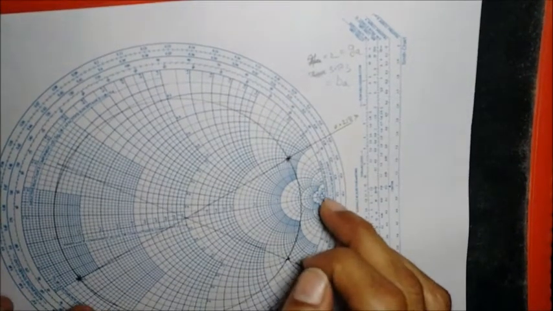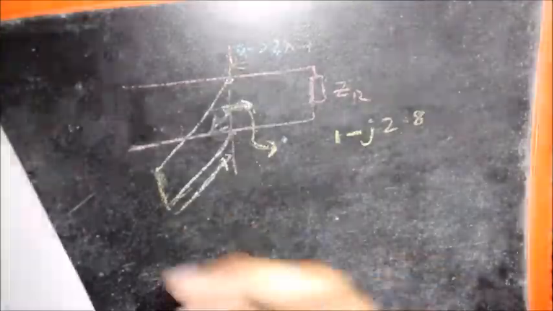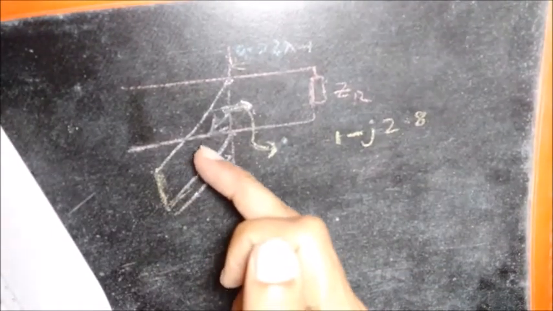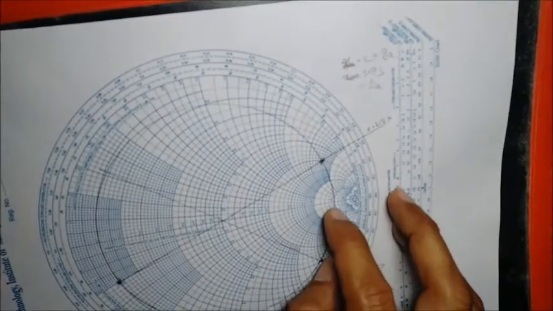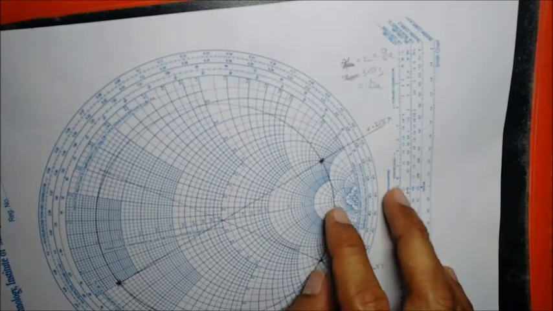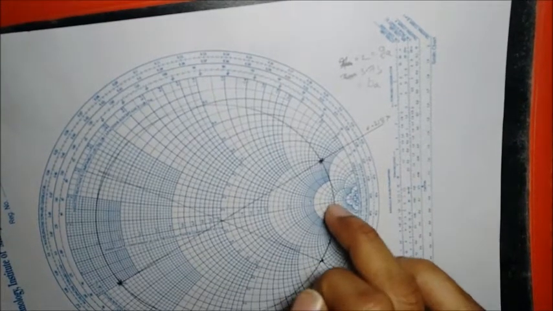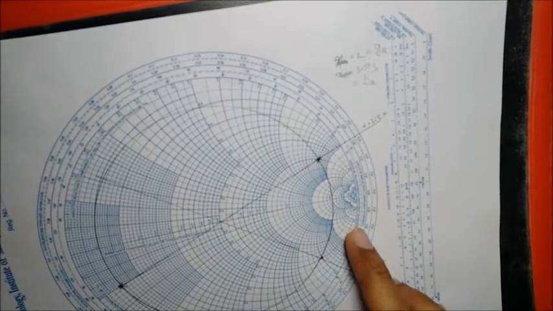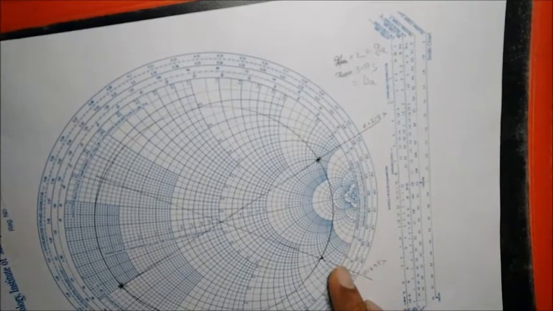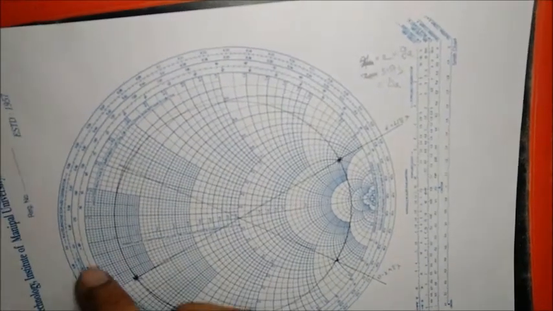So from here I have to move away so that my normalized admittance becomes j5.6. It will be plus j5.6.